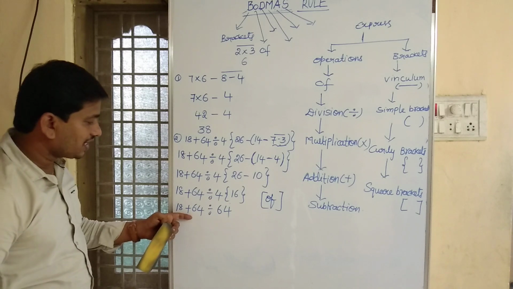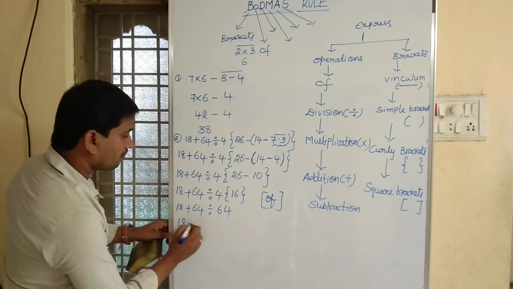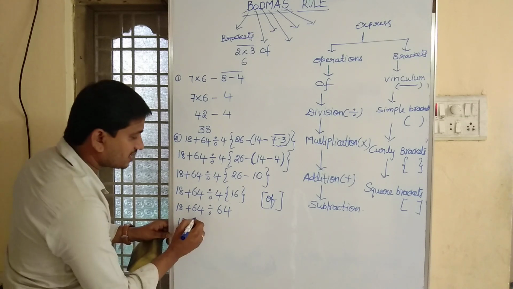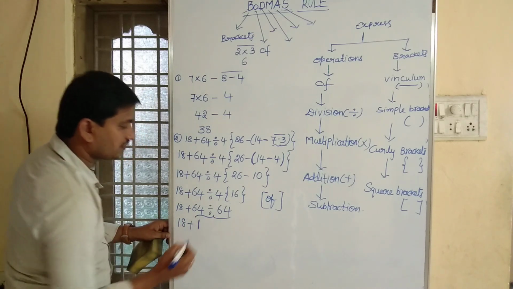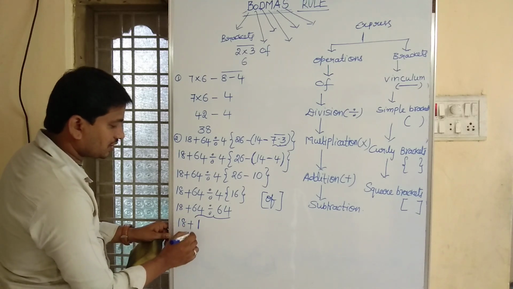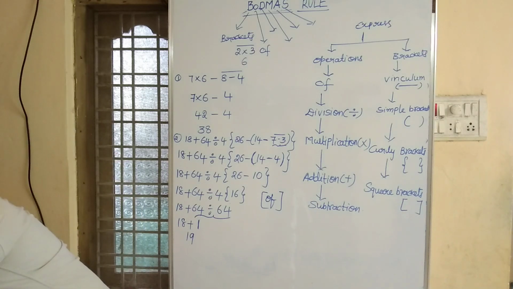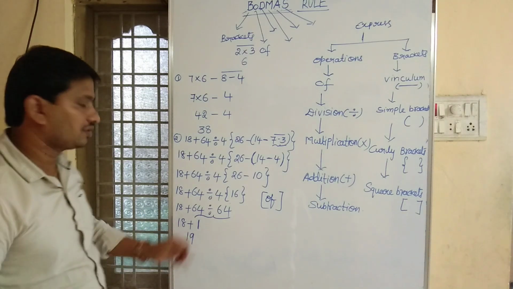Right? Now we have addition and division. So 18 plus 64 divided by 64. 64 divided by 64 is equal to 1, children. So that is 18 plus 1, which is equal to 19. Because here we have only the addition operation, priority goes to addition. Right?